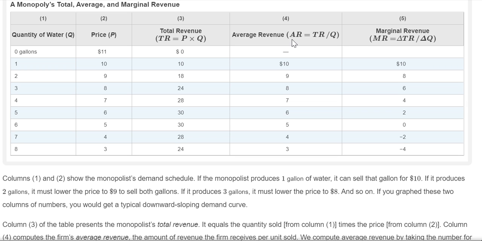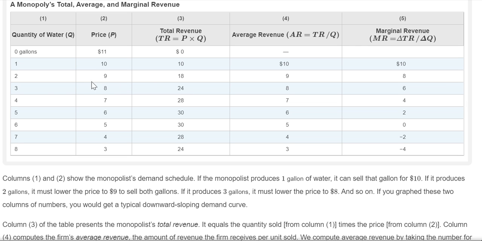So let's take a situation where the average revenue is computed by taking the total revenue and dividing it by the quantity. Well, total revenue is in column 3. So let's take a different one. Our total revenue was 24. Now, at 24, what was the quantity?